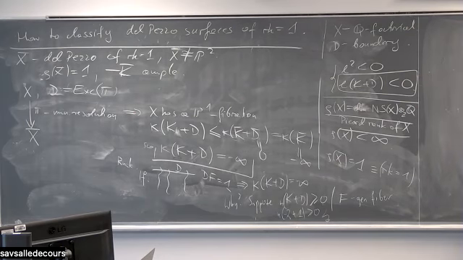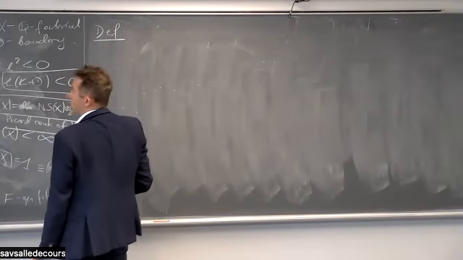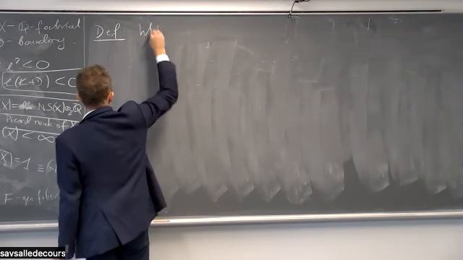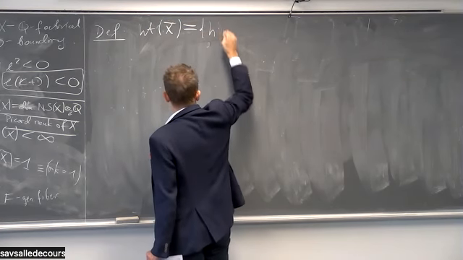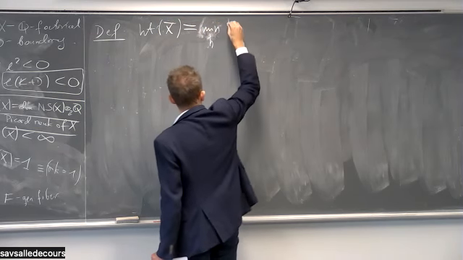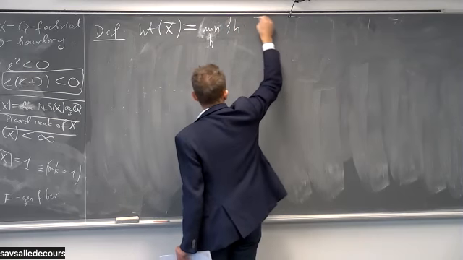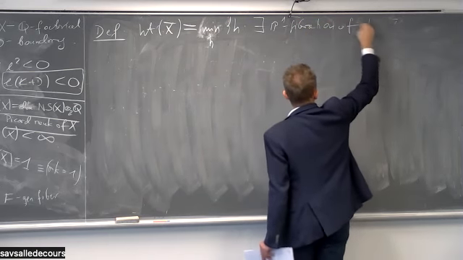But now you can pose a question. Let me start with the definition. So let me define the height. X is as before, a log del Pezzo surface of rank 1. The height of a del Pezzo surface is a minimal number H such that there exists a P1 fibration of the minimal resolution.